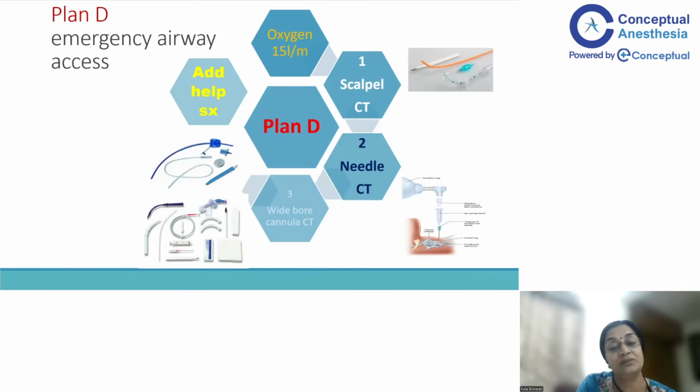So you have to remember that it's the hypoxia which kills, which causes brain damage, and hypercarbia, that is ventilation delay, will not cause that much problem as much as hypoxia. Hypoxia causes permanent brain damage. So at all times when you're trying to oxygenate, you have to pre-oxygenate and para-oxygenate.